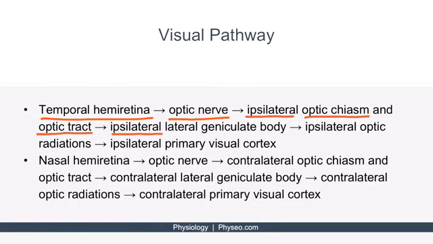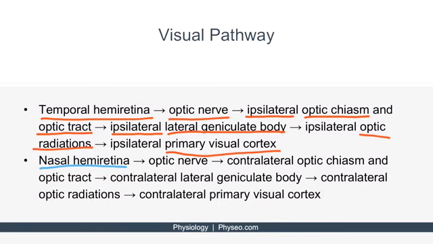Again, staying ipsilateral, it finally goes to the lateral geniculate body. And then from there, the fibers go through the optic radiations, including the dorsal optic radiations as well as the Meyer's loop, which is also called the lateral optic radiations, and then goes to the primary visual cortex in the occipital lobe.